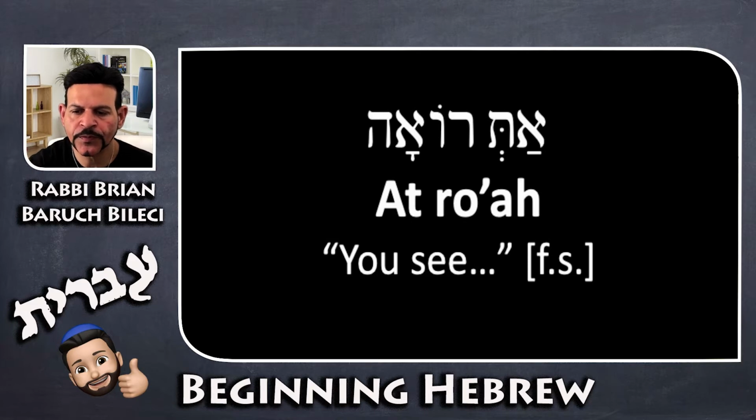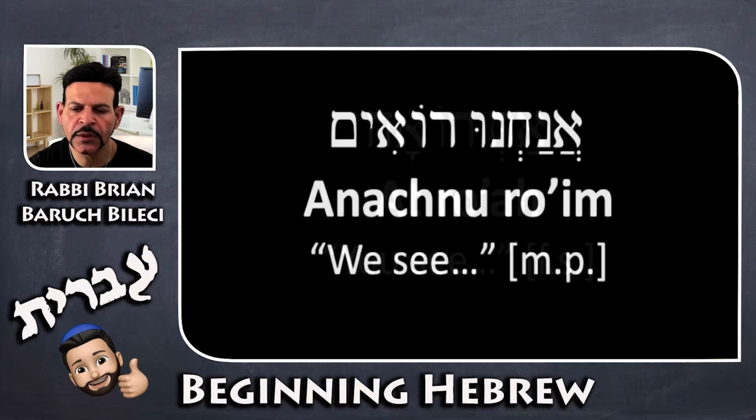Now, if we go plural, we would corporately say anachnu for we as a pronoun. Anachnu. Try that. Notice the sound you hear from the letter chet in the middle of that word. Anach. And notice the glottal stop that you come to with the shva underneath the chet. We have the aleph, the nun, the chet, and then we have a suffix, nun, and then we have the vav with the dot on the side for the u sound, for nu.